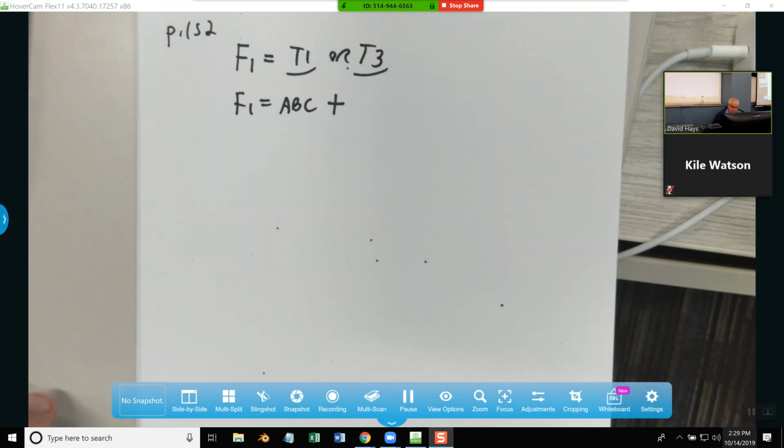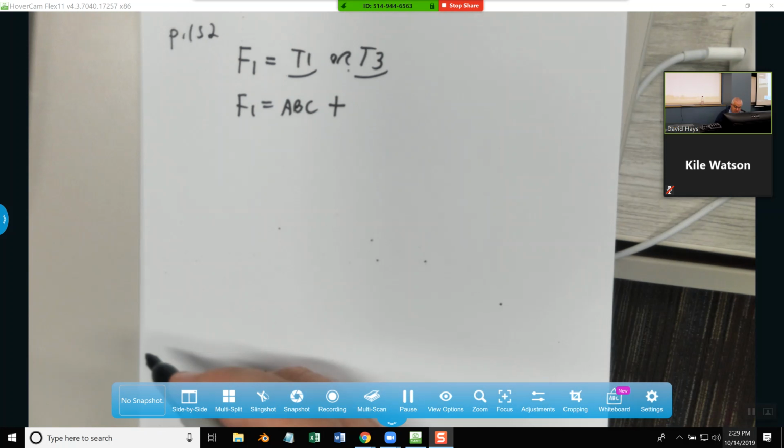And F prime, F2, is right here. And that's coming in from G6, which is G3 or G4 or G5.